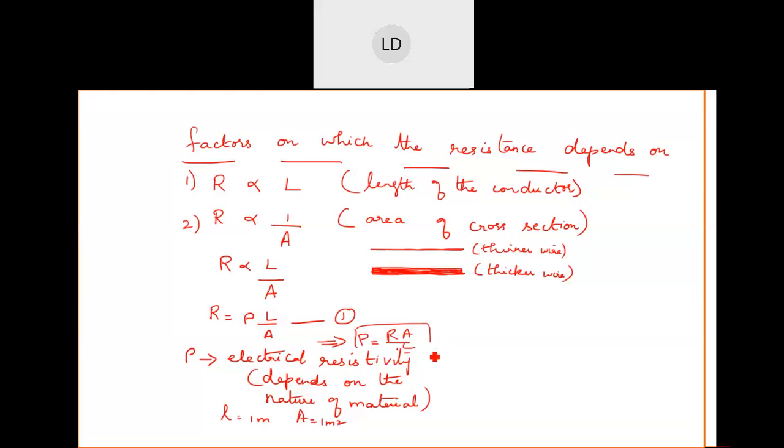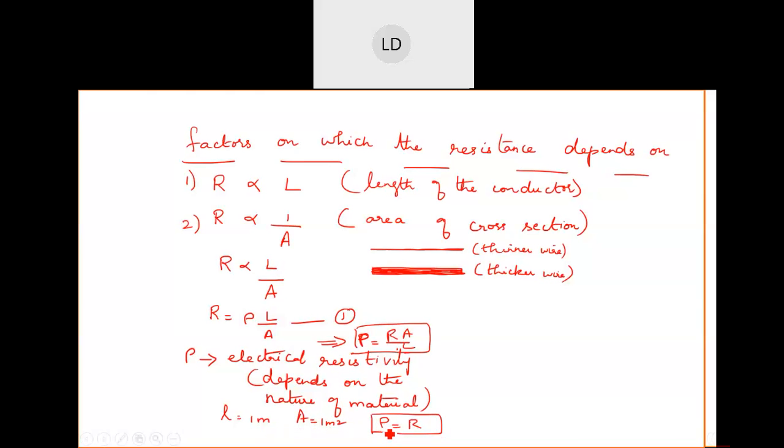Now this is the exact formula for electrical resistivity, rho. So when the length is 1 meter and the area is 1 meter square, the electrical resistivity is equal to resistance.